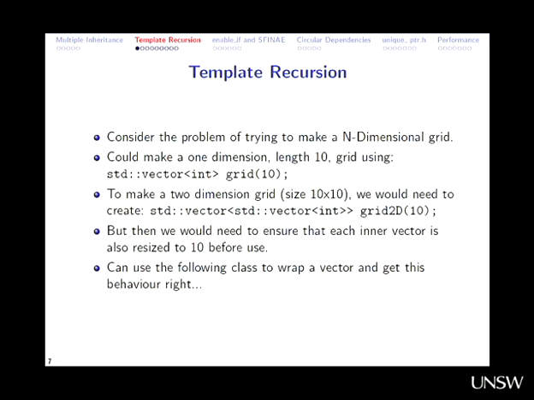Okay, so let's come back and talk about templates. So we are going to be jumping all around today, but let's talk about templates. Now, imagine that this isn't a template problem, it's just a general coding problem. Imagine that we're trying to make a multiple dimensional grid. It could be a 2x2 grid, or I could have a 3D grid, so basically a 2x2 and then it goes down that way.